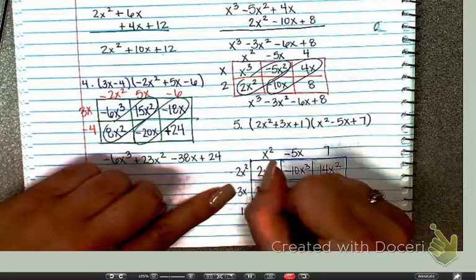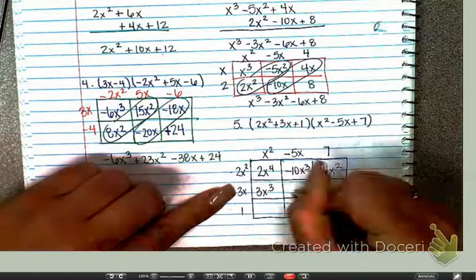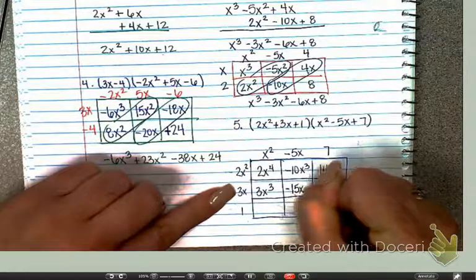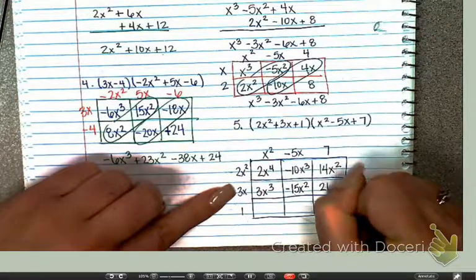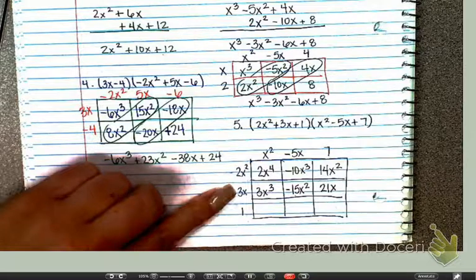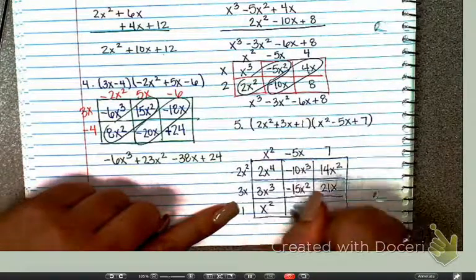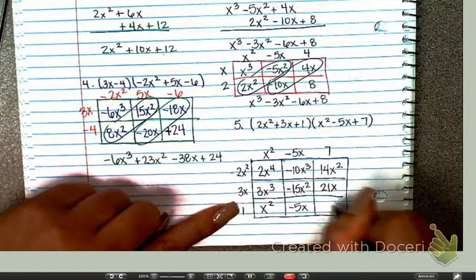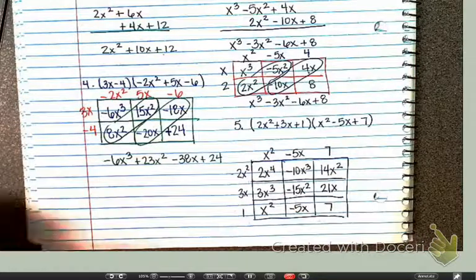Then you get 3x to the 3rd minus 15x squared, and then a 21x. Those should be your next terms, whether you're using a box or distributing. And then the last one is x squared minus 5x and 7.